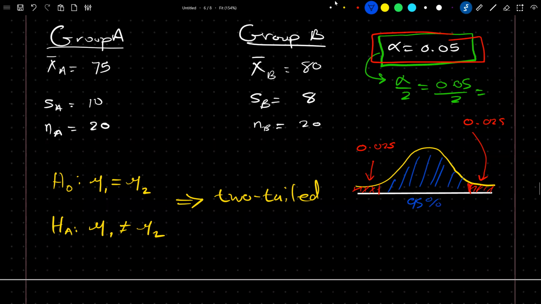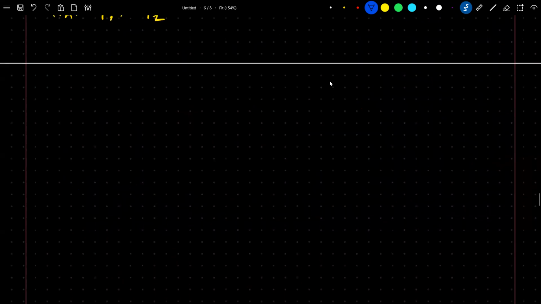If our t-value is in the blue region, then we would fail to reject the null hypothesis. But if our t-value is in the red region, we would reject our null hypothesis. Okay, and now let's calculate the p-value using the p-value method.